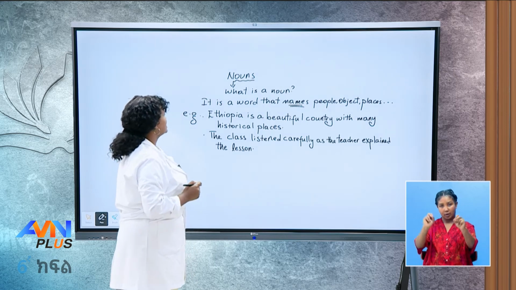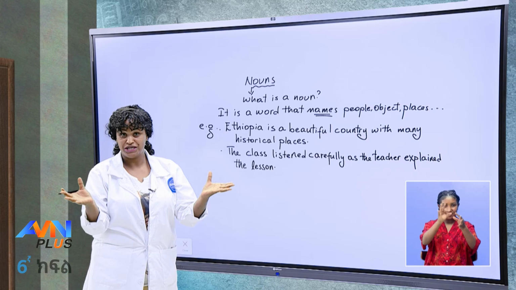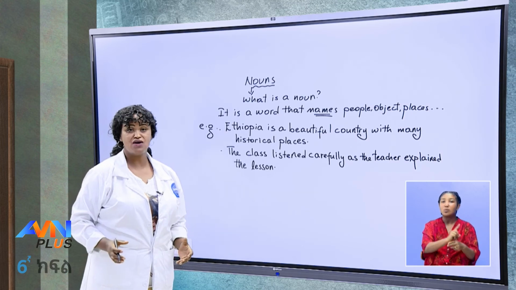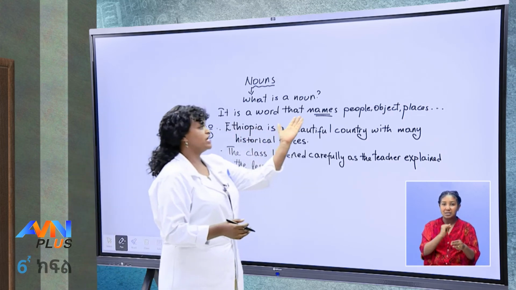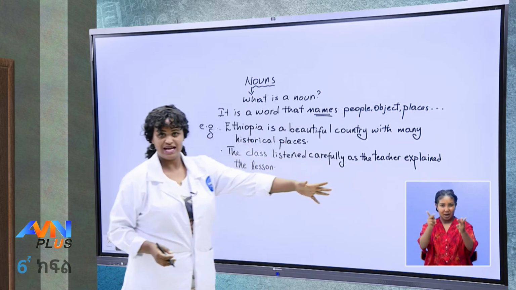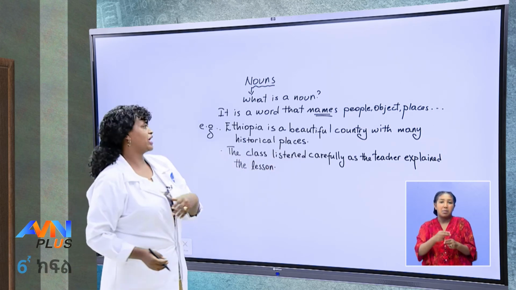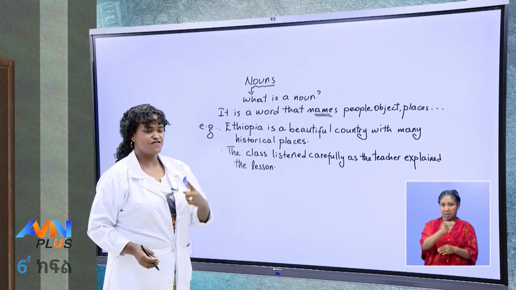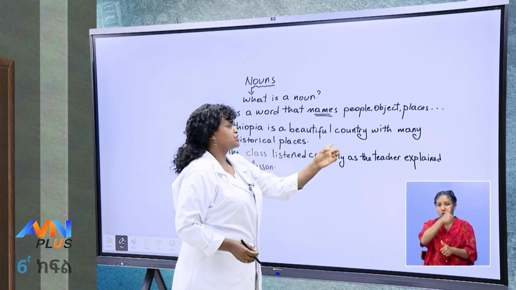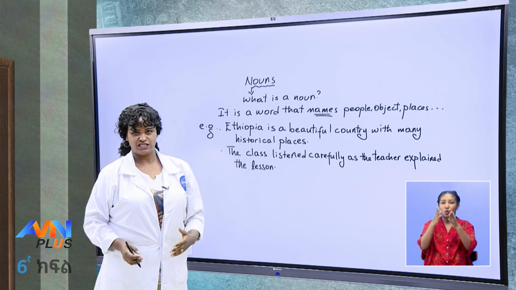Okay, let us see these sentences. Now we define noun. Yes? What do we say about a noun? A noun is a word that names people, objects, or places. Yes? So, a noun means, in other words, name. Okay. Now let us see this sentence. The first one. Ethiopia is a beautiful country with many historical places.